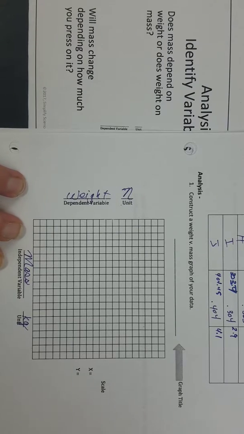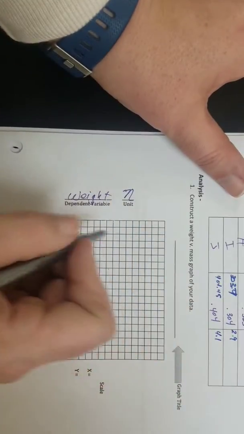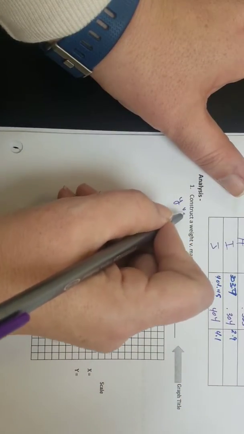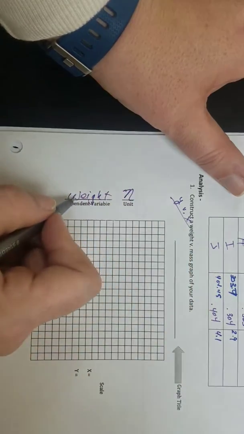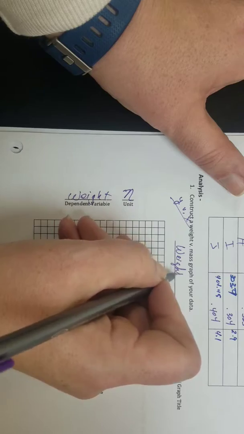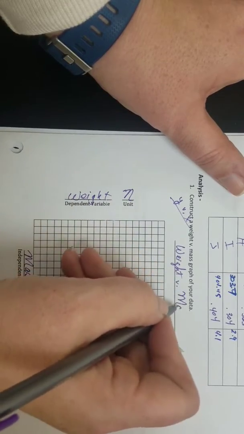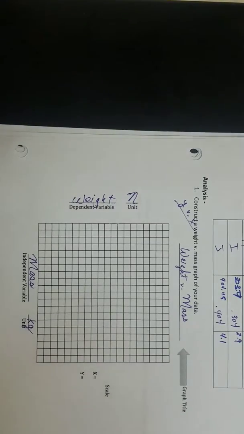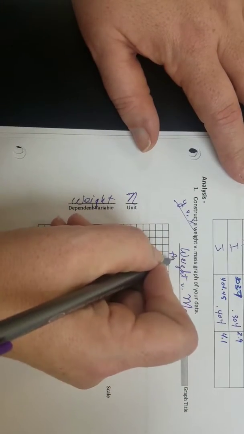So our graph title then, this is basically step two, is always y versus x. In this case, y versus x, weight versus mass. Okay? All right, and to be more specific, it's for suspended objects.